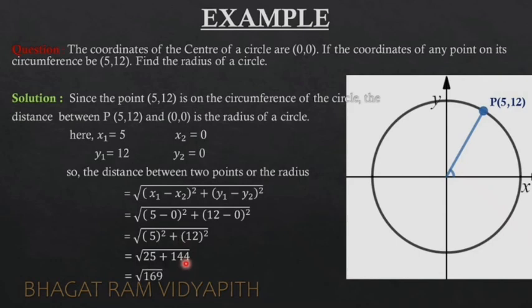Root over 169 gives us 13 units. So the distance to P is 13 units, or the radius of the circle is equal to 13 units, if its center is at the origin and any point on the circumference is (5, 12). This brings us to the end of this chapter.